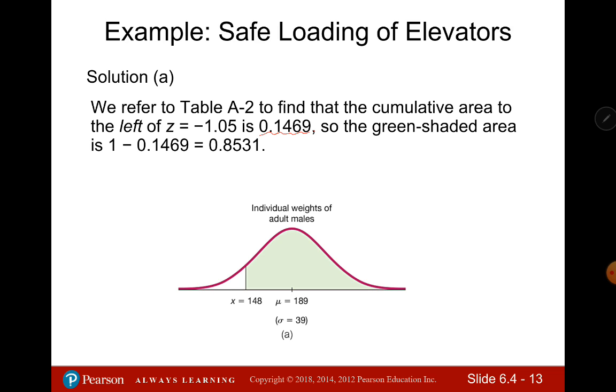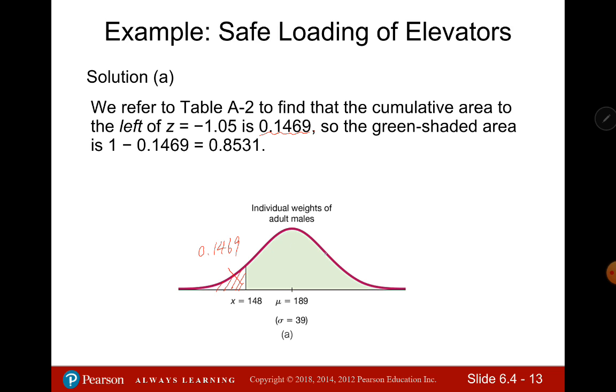But is that the final answer we get? No, we will say no. Because from the table, you will get the area, but this area is cumulative to the left. Because the z-table only gives you the area cumulative from the left. But in this case, remember, we are talking about greater than 148, which means we are actually interested in the area to the right.